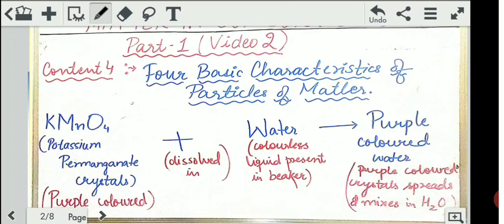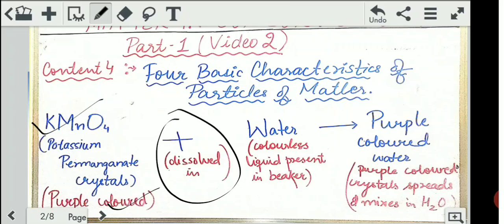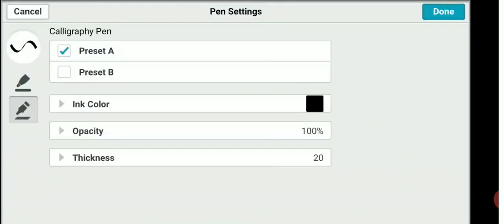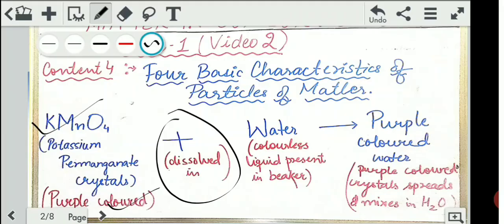Let's see how. KMnO4 crystals are purple colored, we all know that. What did we do? We dissolved them in water. Water is obviously a colorless liquid, present in the beaker.